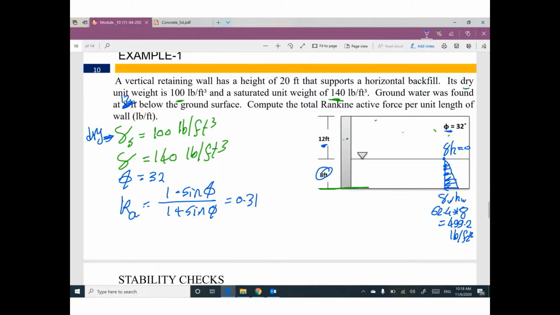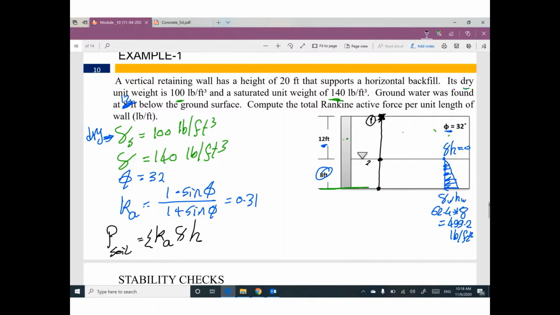Let's start to draw the lateral earth pressure due to soil. At this point, what is the value? Pressure for soil equals K active gamma H summation. Do you have any H for soil here? What is the height of soil above this point? We don't have anything. So the pressure here will be 0 at point number 1.